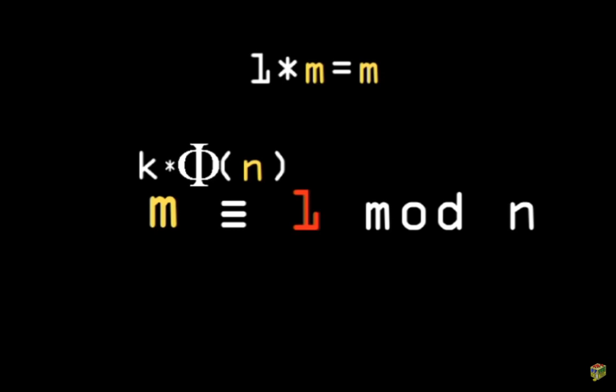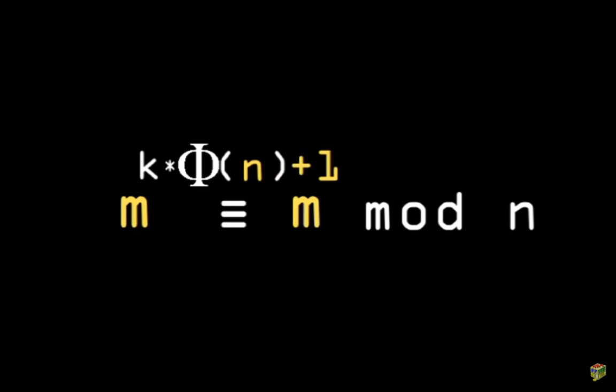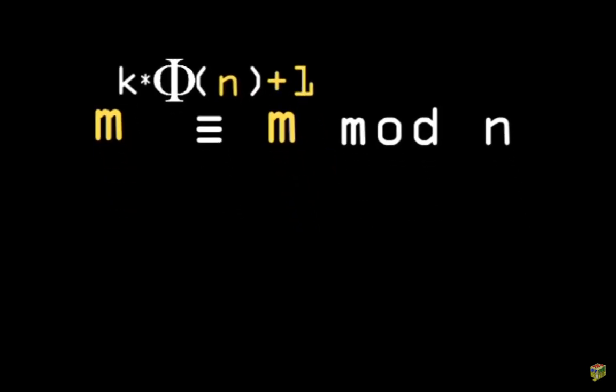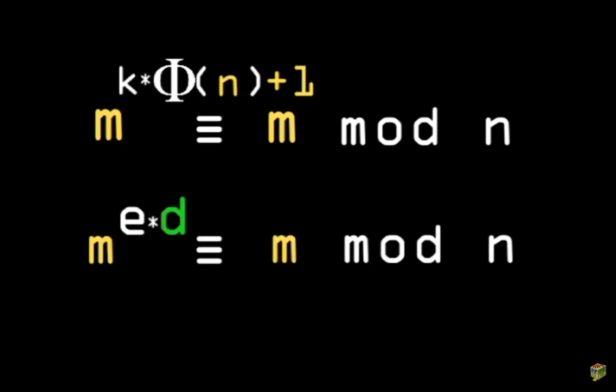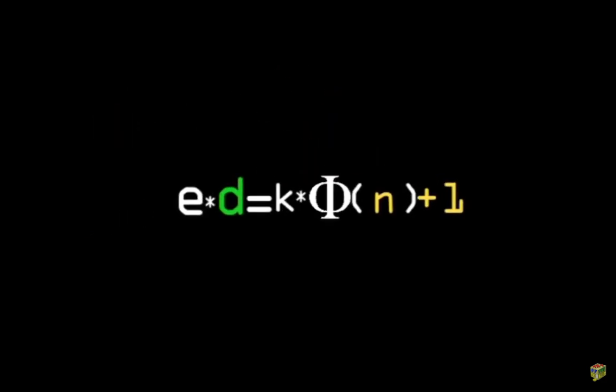In the same way, we can multiply the left side by m to get m on the right-hand side. And this can be simplified as m to the power of k times phi n plus 1. This is the breakthrough. We now have an equation for finding E times D, which depends on phi n. Therefore, it's easy to calculate D only if the factorization of n is known.